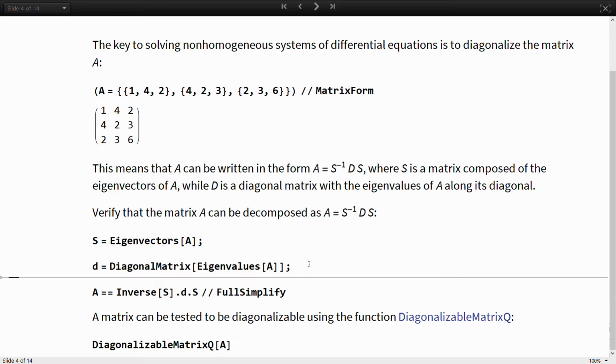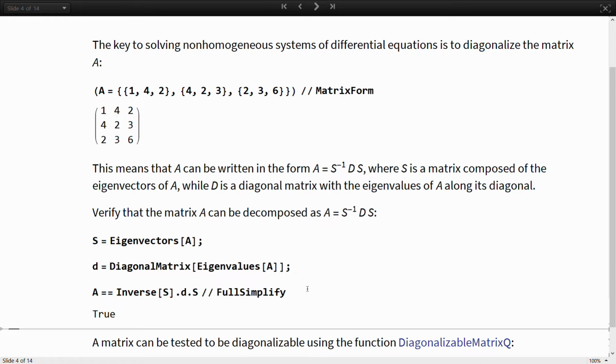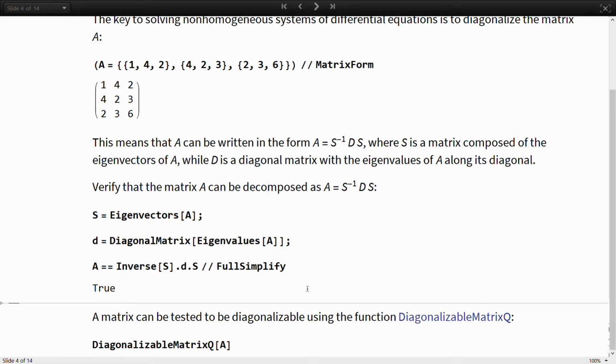Finally, verify that the matrix A can be written as the inverse of S times the diagonal matrix D times S. We can see that the matrix A can be decomposed in this way, so the matrix A is said to be diagonalizable. A matrix can more easily be tested to be diagonalizable using the Wolfram Language DiagonalizableQ function.